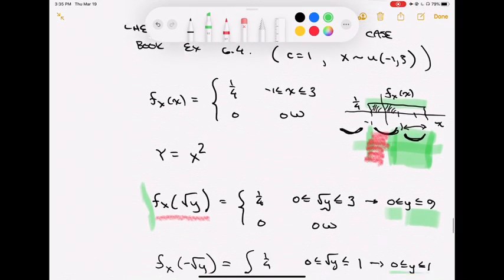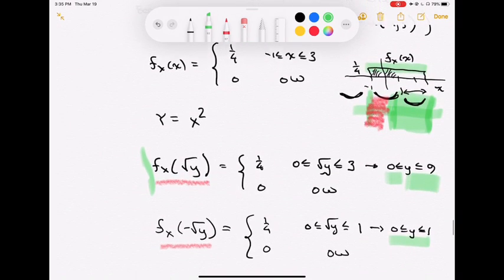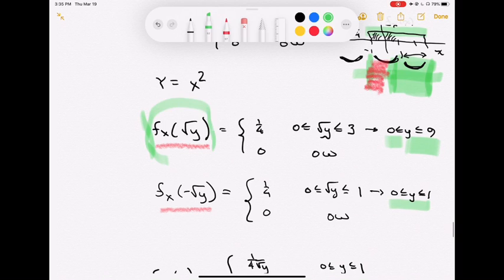And I needed to deal with those two pieces. In this first case, the f_X of root y, that's just from f of x. It is a choice of being 1/4 or 0. And root y is always going to be a positive number. And we can see that range sitting over here in the range space of what x is.